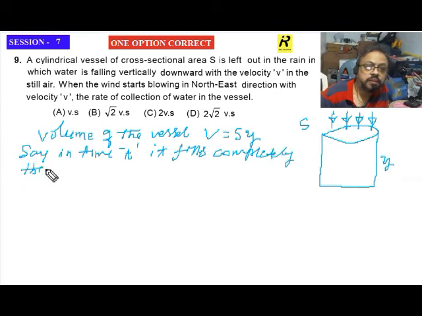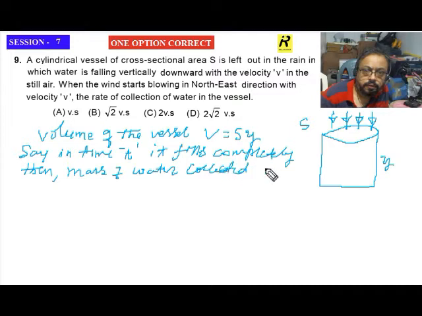then the mass of water collected, say m, at that moment we can write. So mass of the water that is collected in this container is density of water into the volume.